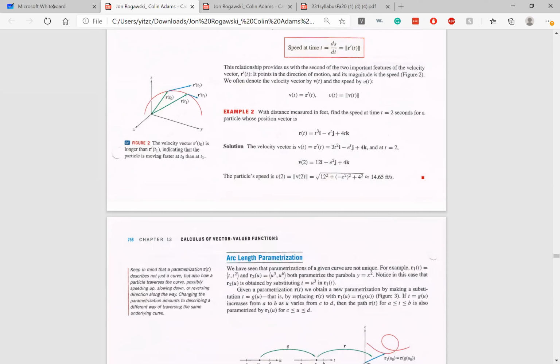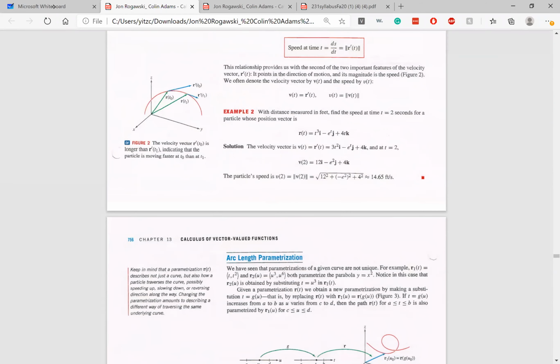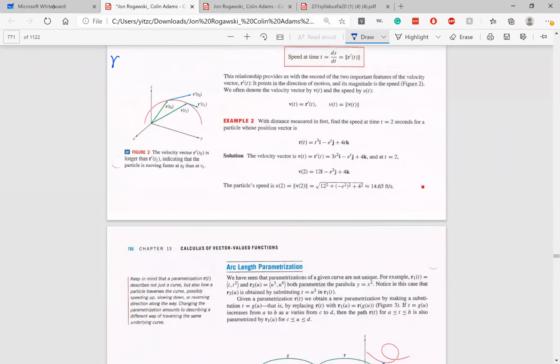With distance measured in feet, find the speed at the time t equal to 2 seconds for a particle whose position vector is this over here. So let's do it. First we want to look at what r prime of t is.